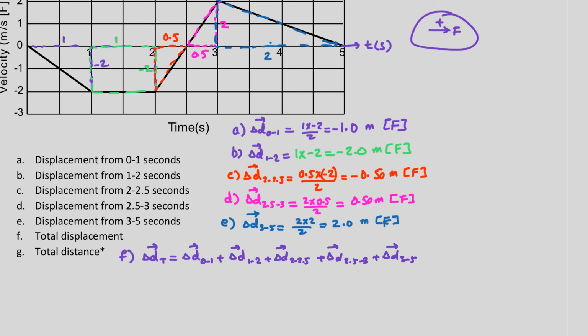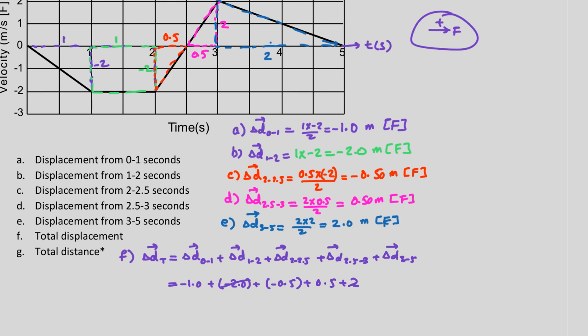The total displacement is also from the very beginning, time 0, all the way to the very end, which is 5. I have all my values in there, so I have -1.0 plus -2.0 plus -0.5 plus 0.5 plus 2. Luckily the math on this one isn't too challenging.